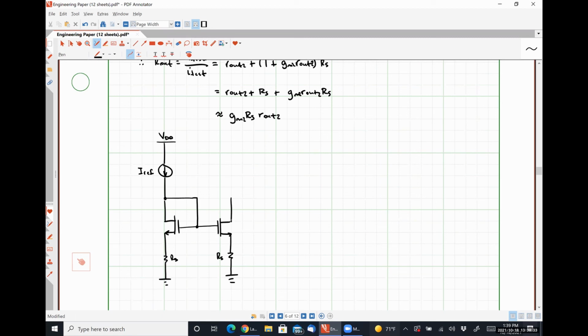All right, so here's our transistor M1, here's our transistor M2. We know that looking in through here, we have R out is approximately equal to GM2 RS and R out 2.